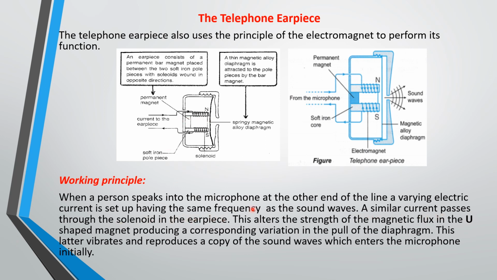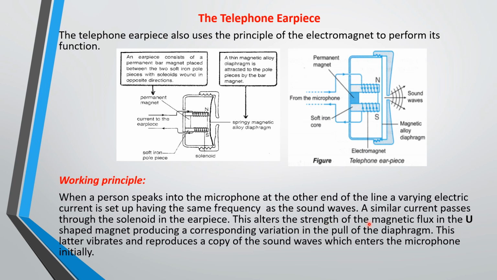So the sound wave from the mouthpiece of the microphone sets up varying electric currents with the same frequency as the sound waves. When you speak into your microphone, that sound sets up a varying electric current on the earpiece of the other person listening to you, and a similar current passes through the solenoid in the earpiece.